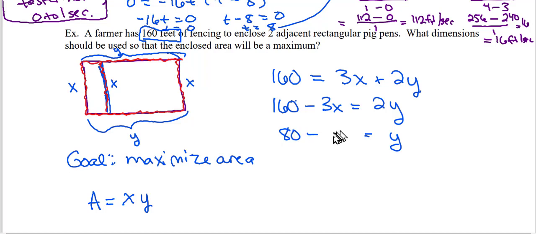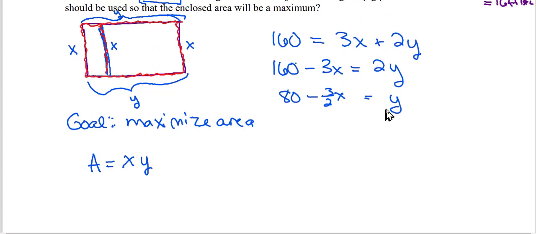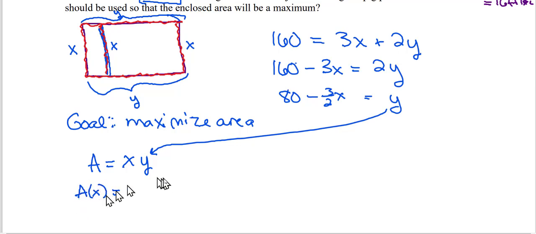Let's divide both sides by 2, and I get Y equals 80 minus 3/2 X. I can then take that equation and substitute it in here so that I have area as just a function of X. This is not A times X, but just function notation. Area as a function of just X when I replace Y with 80 minus 3/2 X.